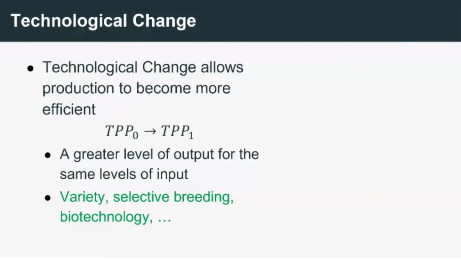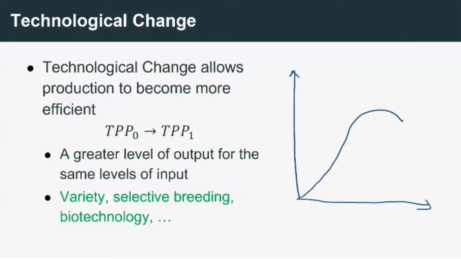It simply means there is a greater level of output for the same level of input. So it means that TPP changes from TPP 0 to TPP 1. So how does that look? For example, this is your TPP 0, and you could have another TPP.